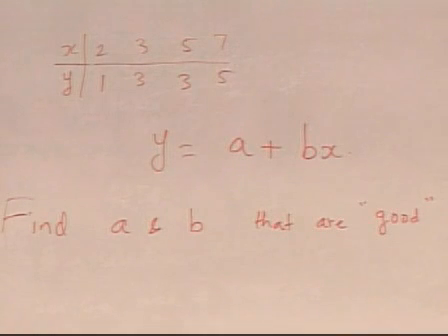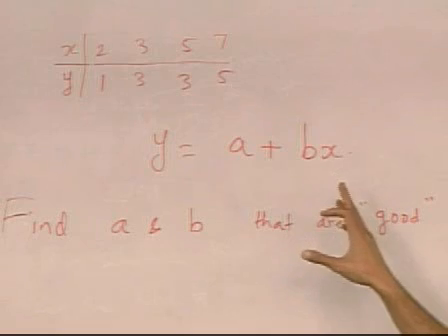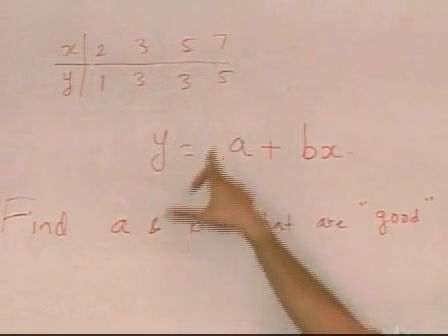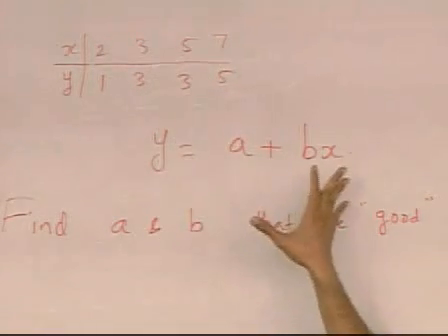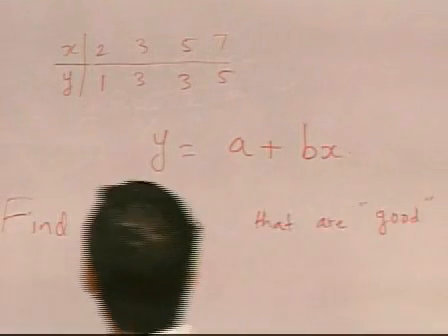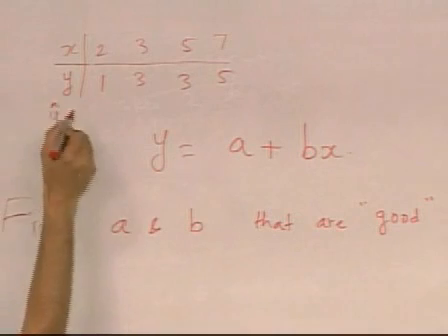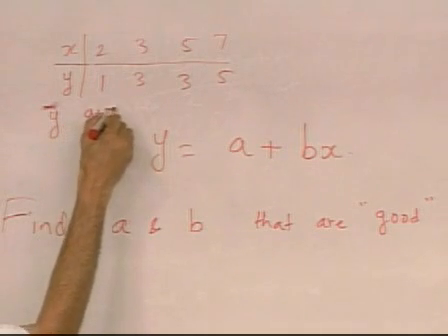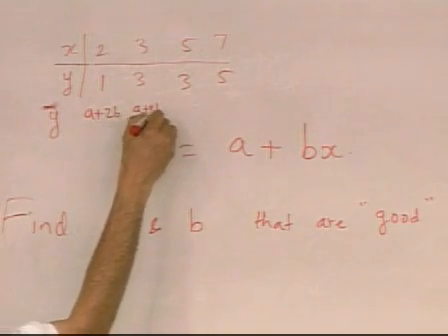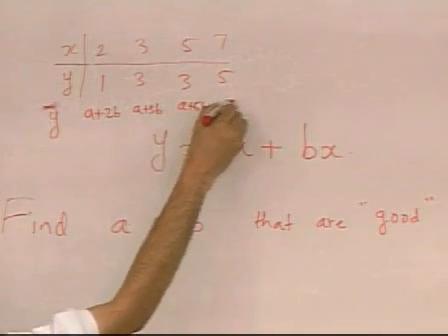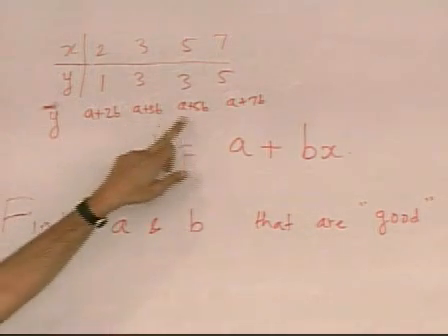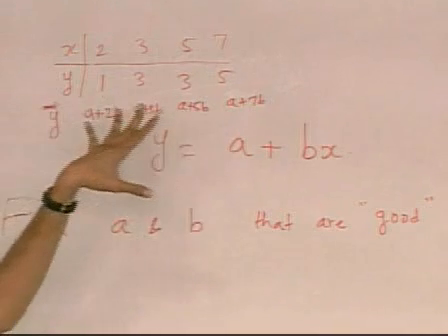If you fix any particular value of A and B, for these values of X, your relationship might tell you different values of Y. So let's say Y bar is going to be A plus 2B, this is A plus 3B, this is A plus 5B, and this is A plus 7B. So for any fixed values of A and B, I'm going to get another vector of numbers for my Y.